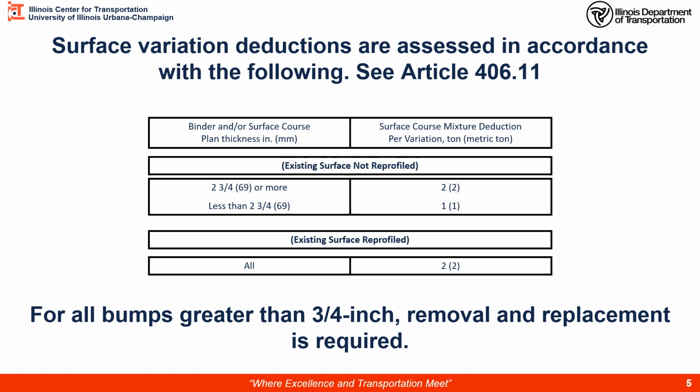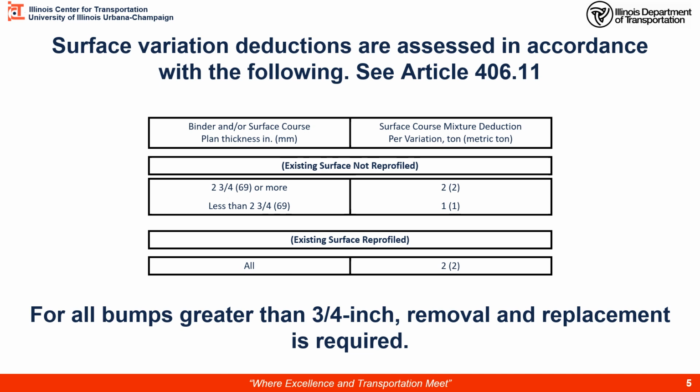A surface that has been reprofiled, and by reprofiling we mean milling, and then a surface not profiled, which would be bare concrete, or it could be a fold-up asphalt, but it has not been milled when you place the overlay on top of it. So in the case of a surface that has been milled or reprofiled, doesn't matter how thick of an overlay you're placing on top of it, the deduction is going to be in tons, 2 tons for the calculation.